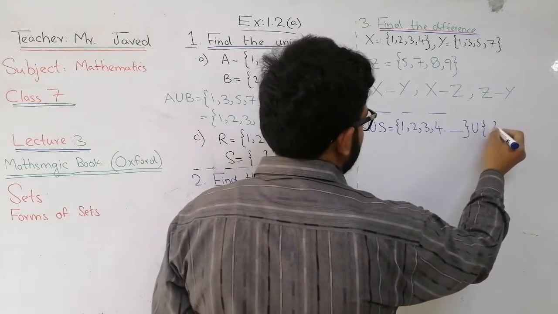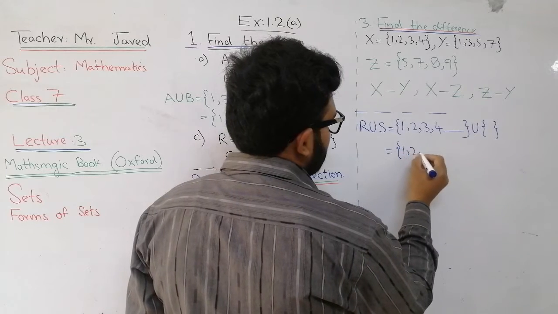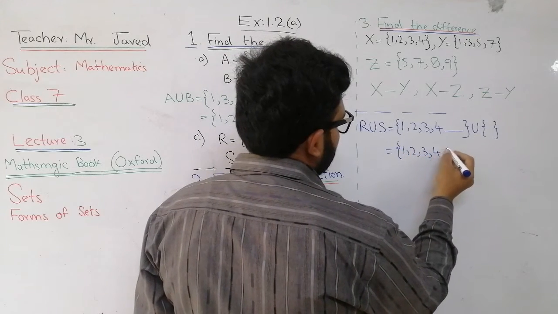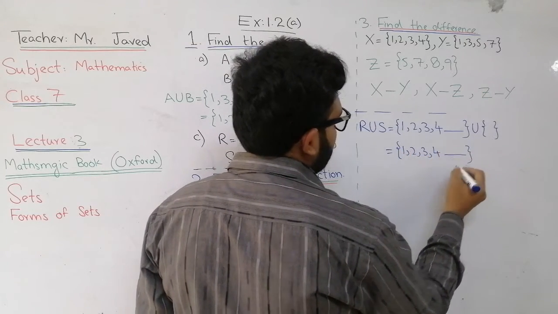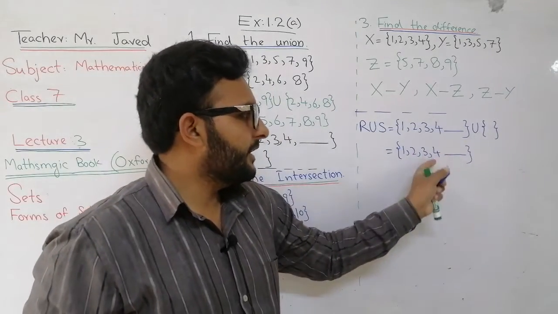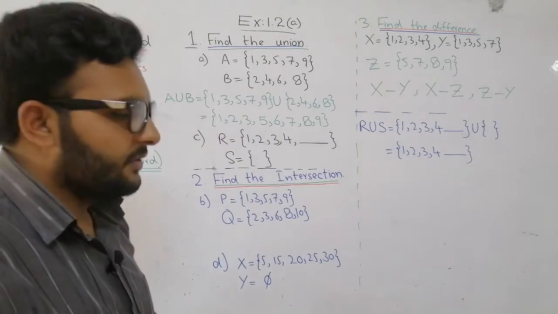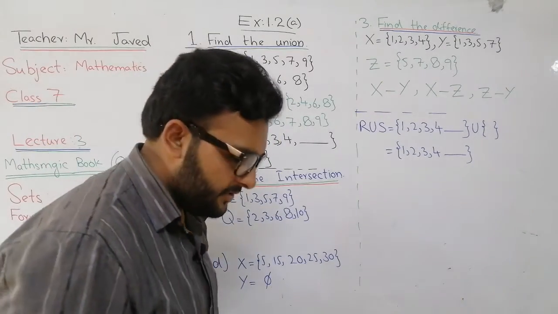The empty set. So we just combine 1, 2, 3, 4 and so on, and since there is nothing in S, we write it as it is. So this is the union. Hope you understand about union.